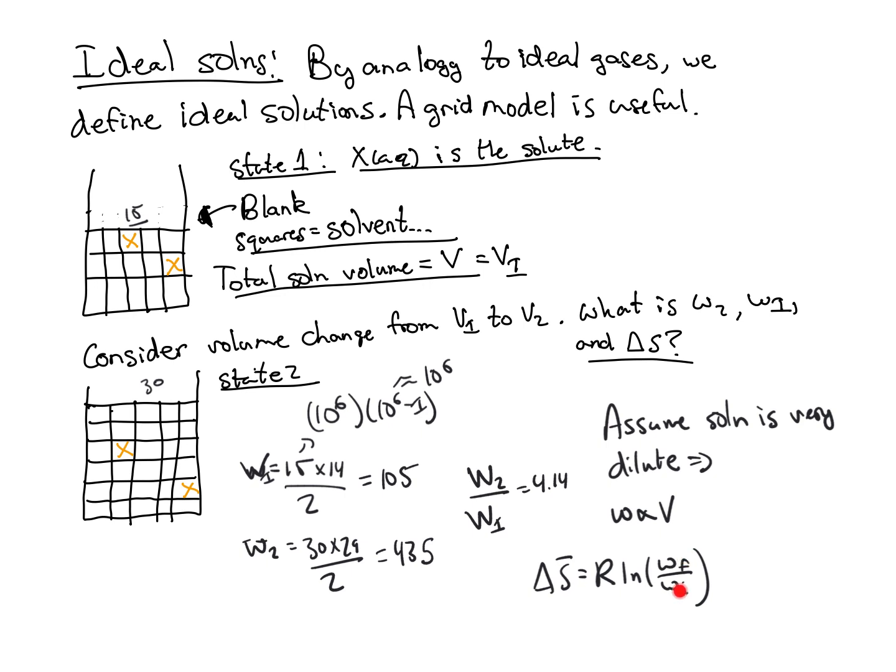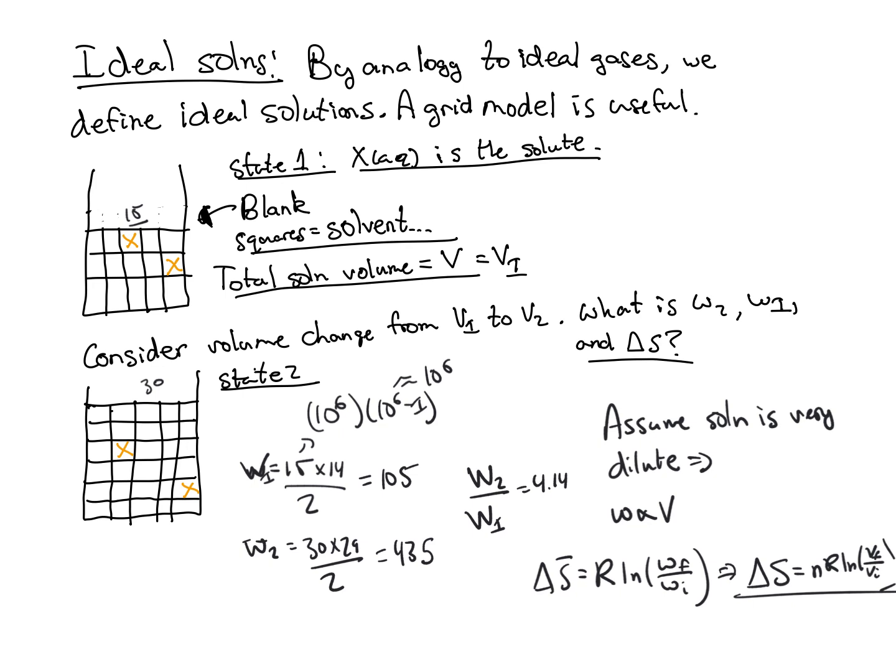Little w is microstates per particle. Since we're assuming the microstates is proportional to volume, this gives us the relationship that delta S is nR ln Vf over Vi.